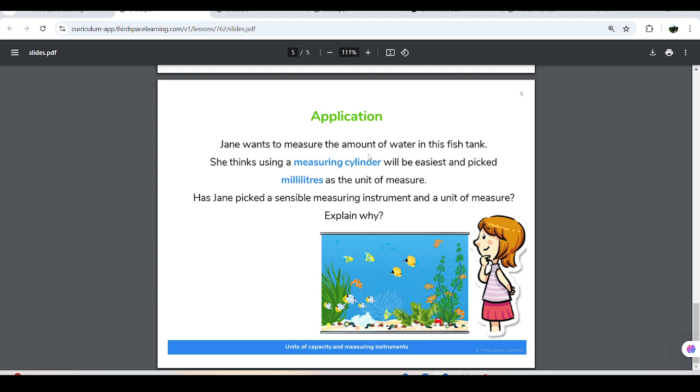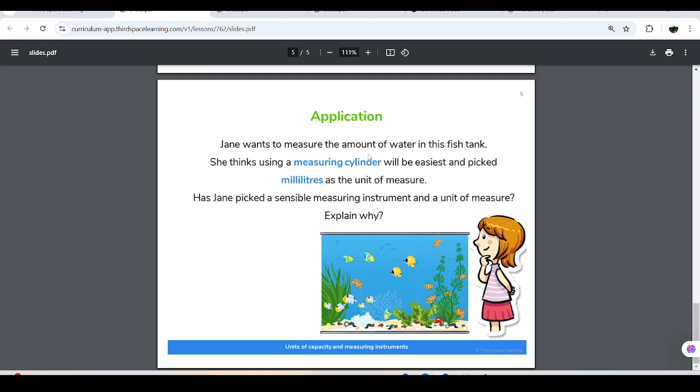Has Jane picked the correct unit of measure? Explain why.